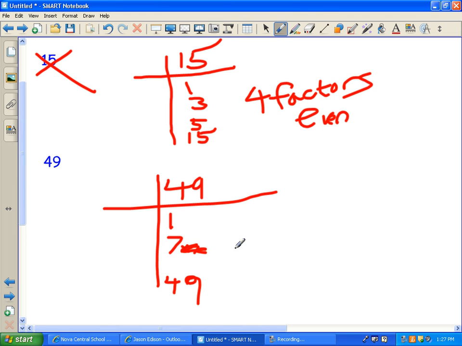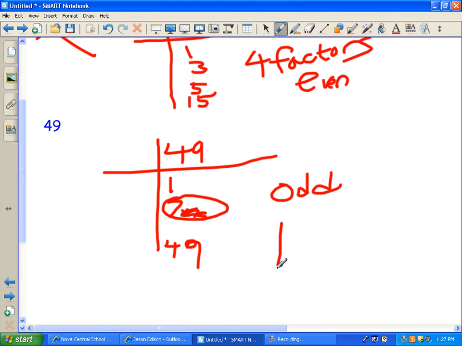So it has repeating factors, 7 times 7. It has 1, 2, 3 factors, so it is an odd number of factors. Okay, so you could make a perfect square with 7 going down and 7 going across. And then, of course, all the rest would be the same. And that would make a perfect square.